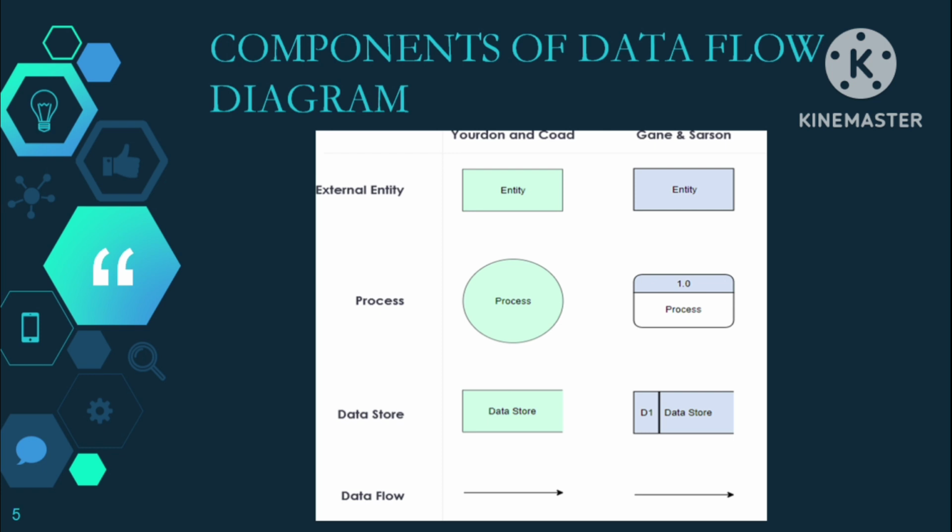It is another structured analysis and design methodology that shares similarities with Yourdon and Coad, but it was developed by Chris Gane and Trish Sarson, and it is focused on modeling the functional requirements of a system using graphical notations. The Gane and Sarson methodology uses data flow diagrams as the primary modeling tool to represent the flow of data within the system and between its processes. It also incorporates other techniques such as entity relationship diagrams and state transition diagrams to capture different aspects of system behavior.